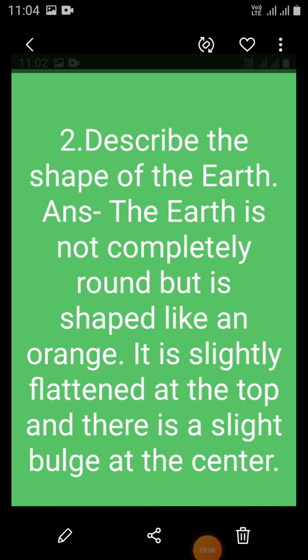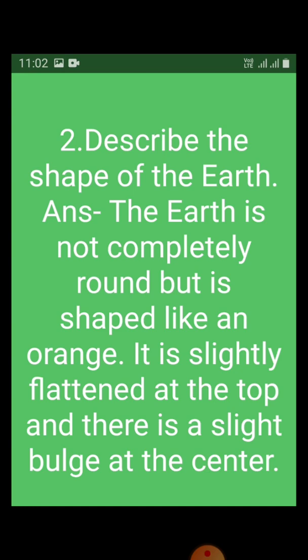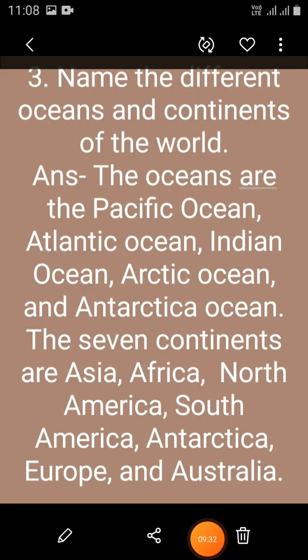Second question. Describe the shape of the earth. Answer: the earth is not completely round but is shaped like an orange. It is slightly flattened at the top and there is a slight bulge at the center. Third question.